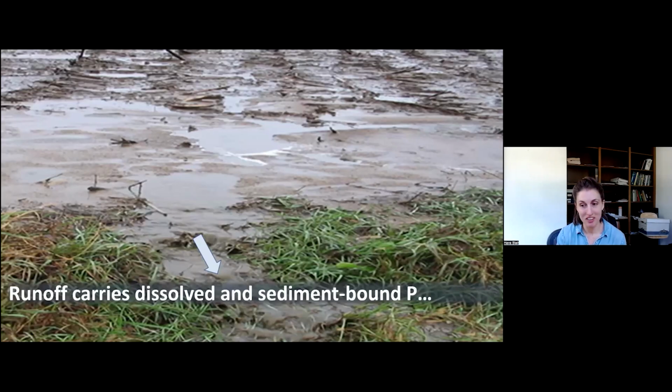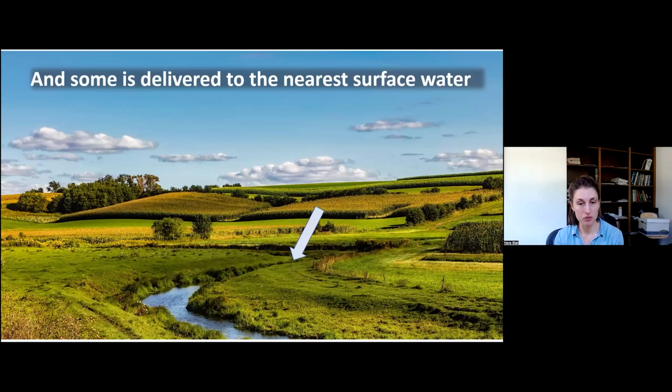So digging a little bit more into the model and what we're actually calculating and estimating here, I'll break it down into a couple different pieces. Starting at the field level, we know that runoff carries dissolved and sediment-bound or particulate phosphorus. Kelsey and Laura gave that great intro to these different pools of phosphorus. And then once that phosphorus gets to the edge of the field, there are also some really important processes to consider about how much of that is actually delivered from the field to the nearest surface water.